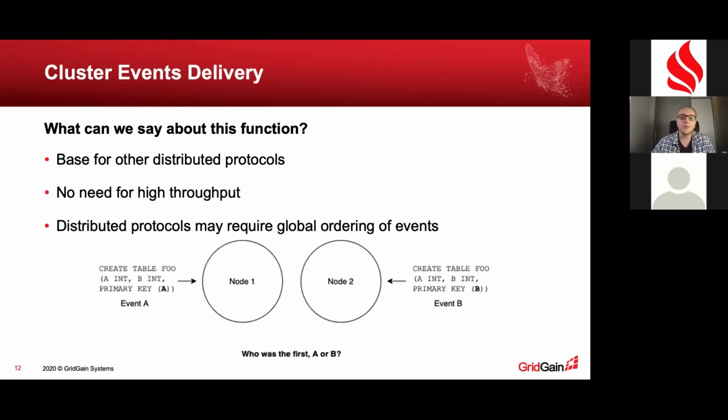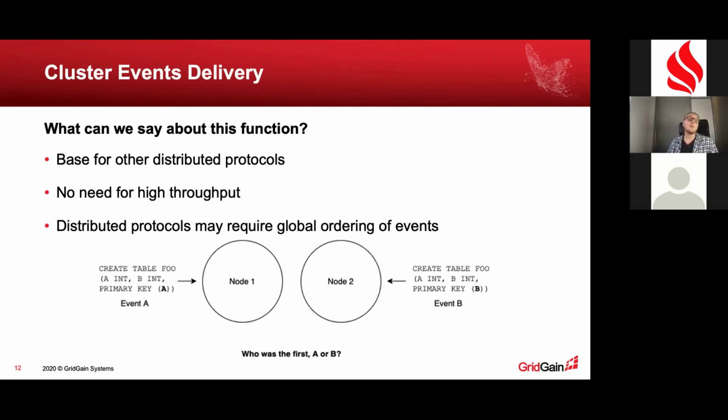Let me illustrate it with an example. Say we have a couple of nodes in our cluster which simultaneously try to execute the same operation, a create table operation, with slightly different parameters which are incompatible. Normally, if you execute these two create table statements one after another, the first would succeed and the second would fail.